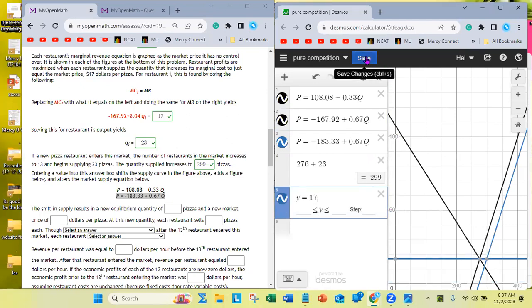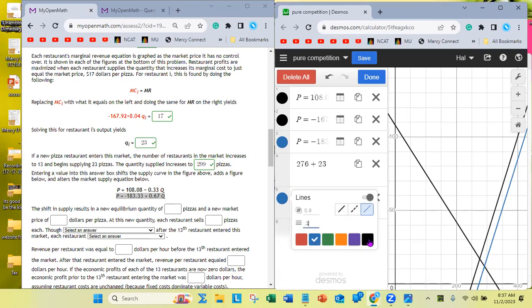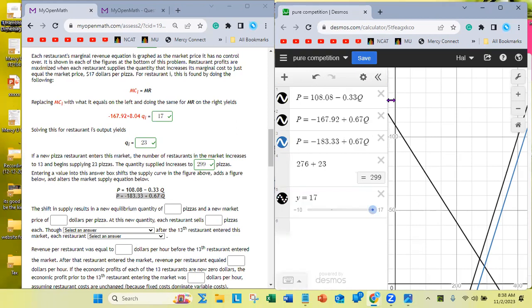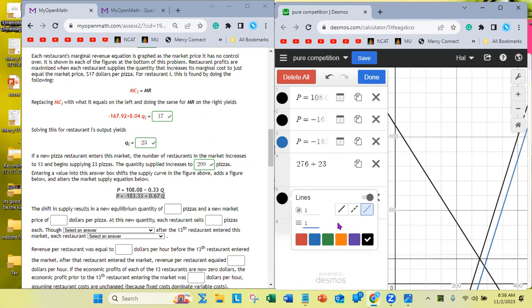If I keep the price at 17, I'm going to edit this so it's not blue. I'm going to edit it so it's a dash line, 0.1 in black. Okay, there we go.